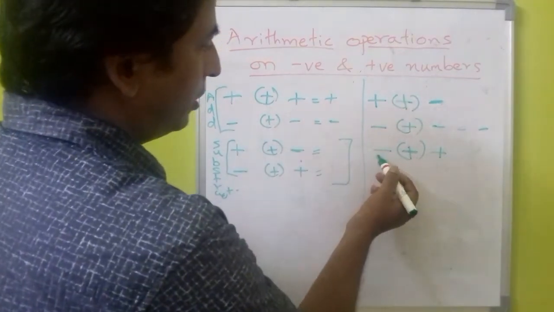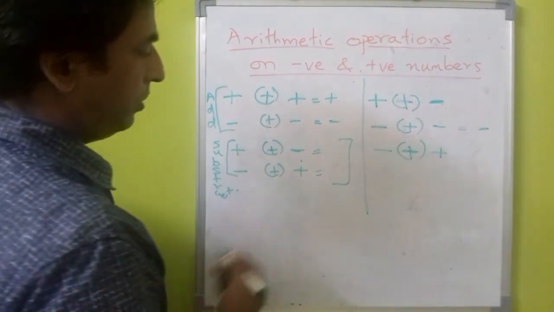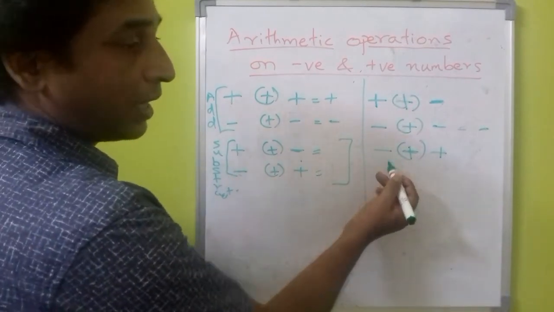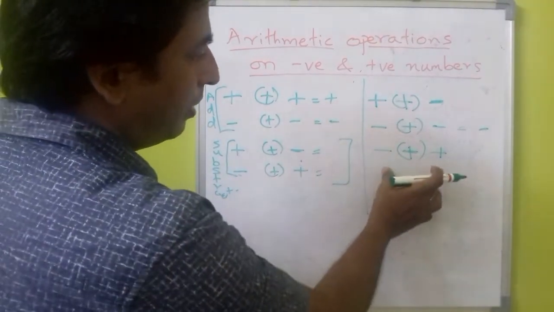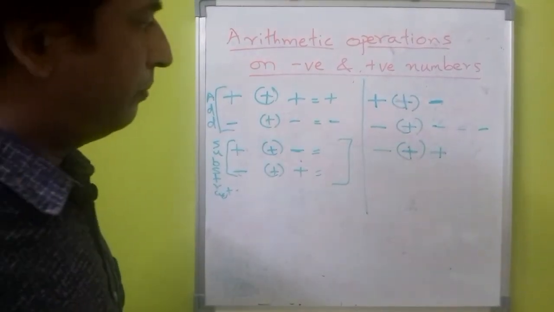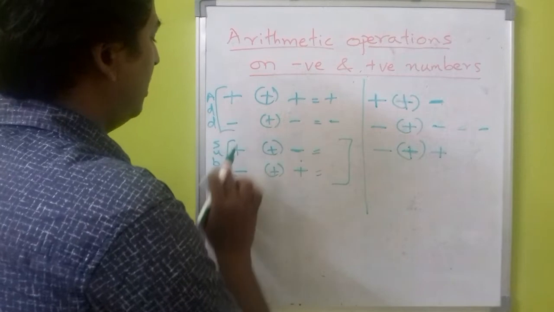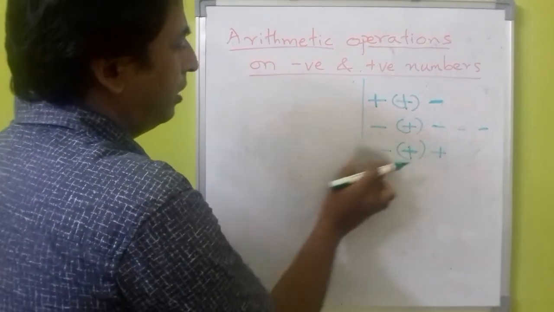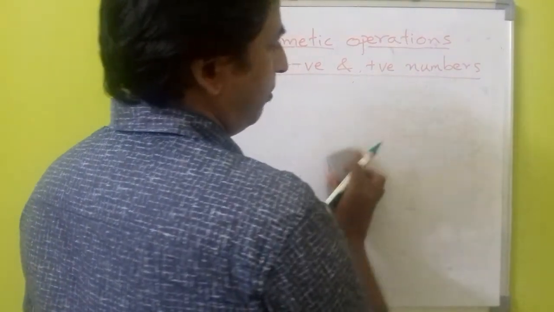Okay, now again this rule applies, negative plus positive. This rule applies, subtract the smaller number from the bigger number and apply the sign of the bigger number. Okay, so this is the addition and subtraction operation involving negative and positive numbers.